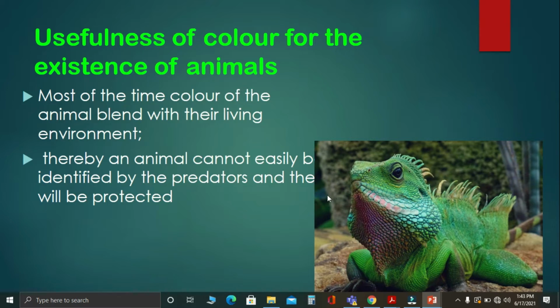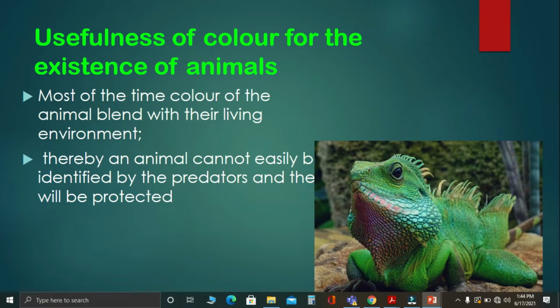There are various animals who have various colors. Some animals' color and the environment color are the same. So we cannot identify those animals easily in that environment.